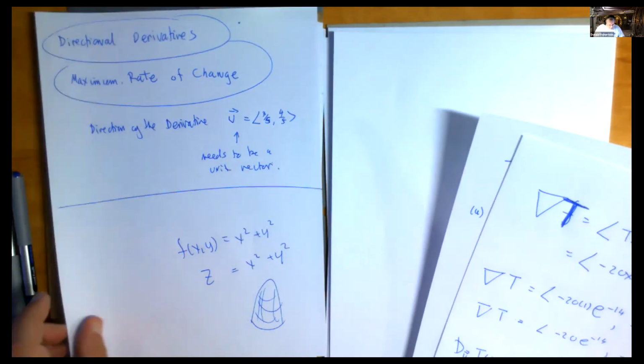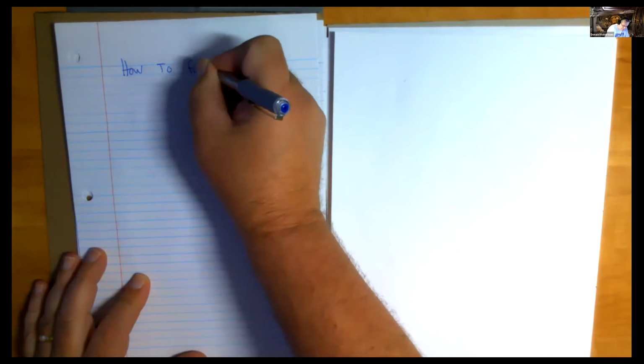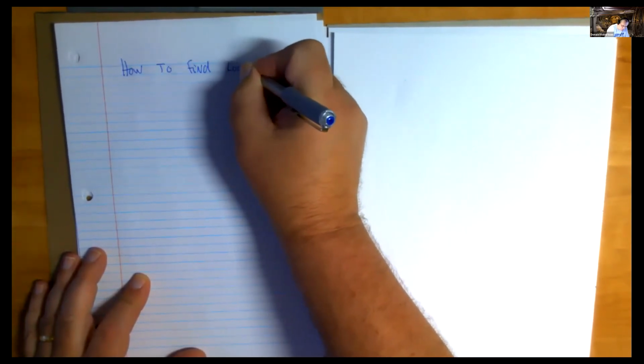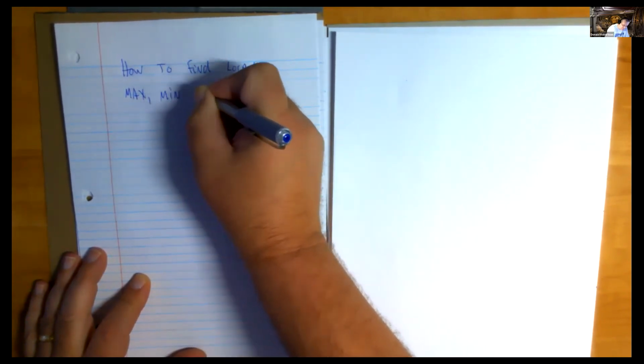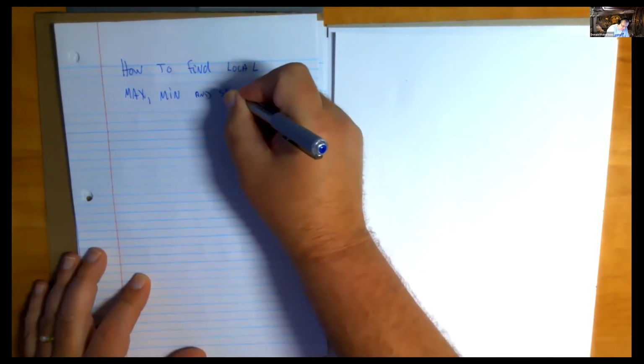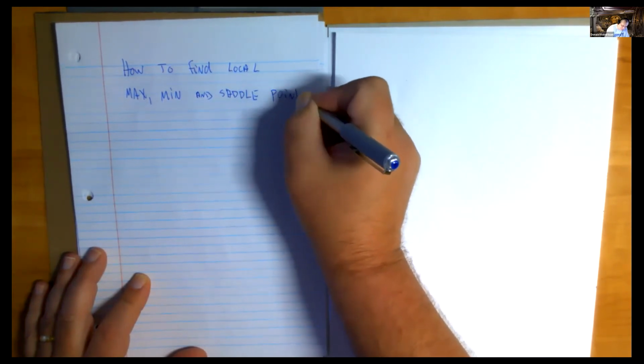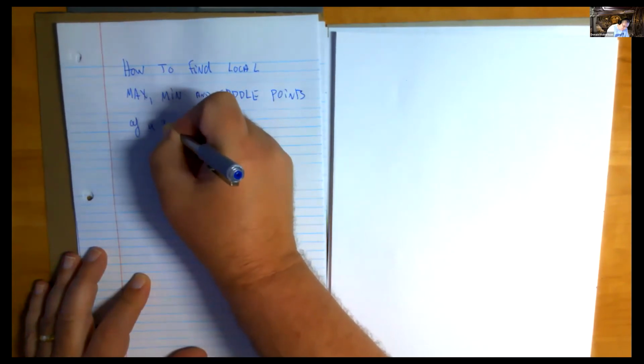So where are we off to next then? Well, it's been a while since you've done this kind of question. How to find local maximums, minimums, and saddle points of a 3D surface.